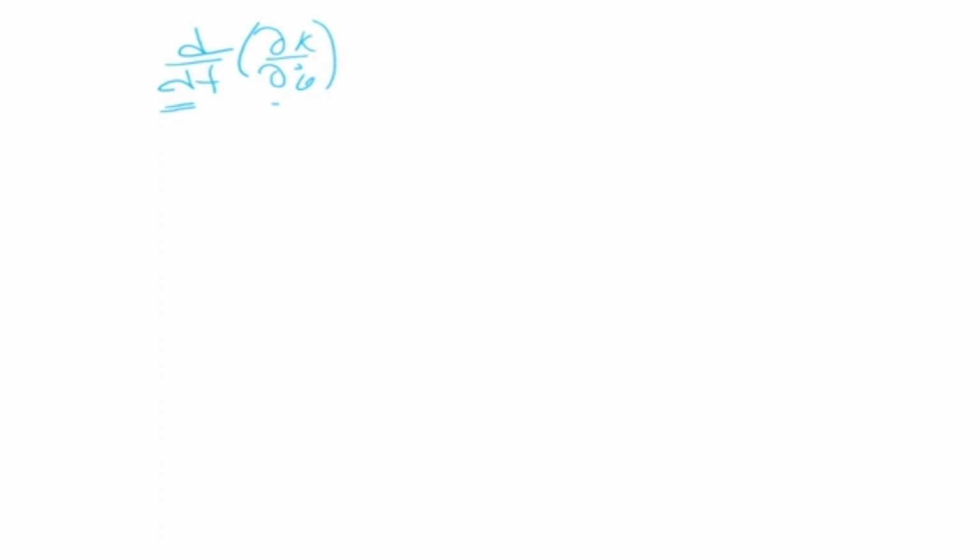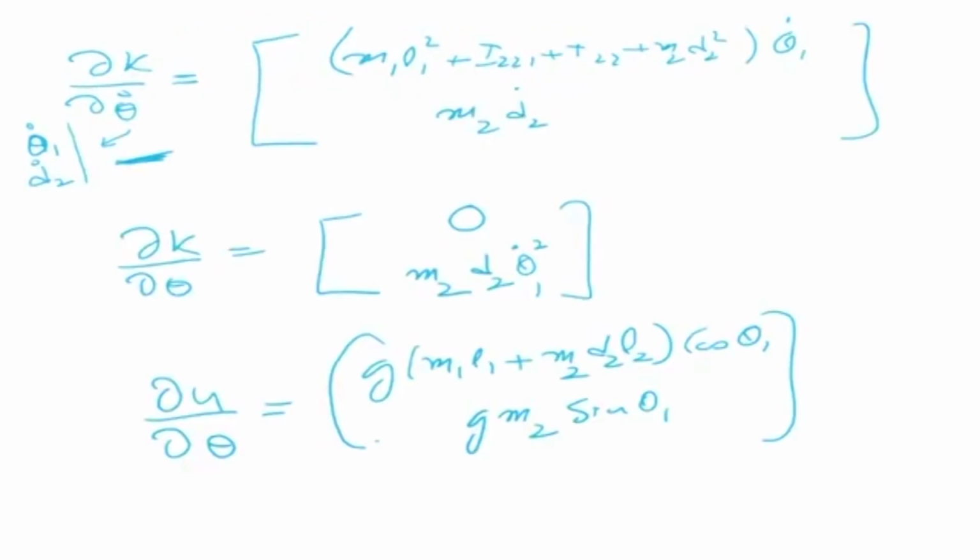So if you do the d/dt of that and add the terms, I put it into this equation: d/dt of dk by d theta dot, minus dk by d theta, plus du by d theta. That was my equation, right? So I simply take the previous one.